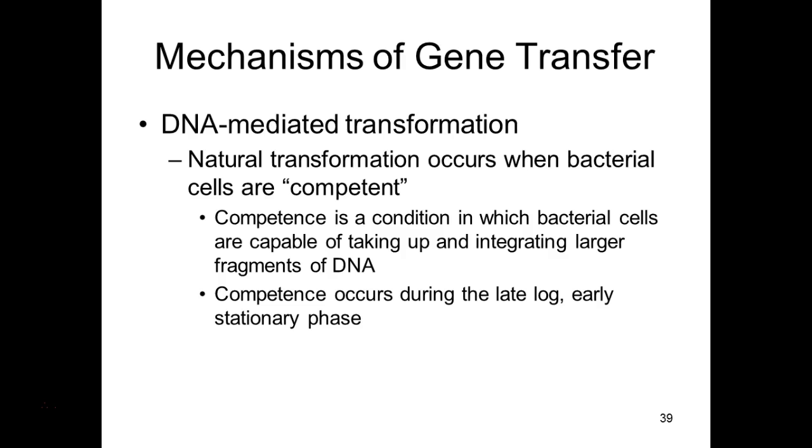They even use electroporation, where they actually hit it with electricity, right, to get the cells to take up the DNA. But in nature, it's when they're naturally stressed, right? And the most stressful thing for them is lack of food. But that's what competent means, right? This state of being able to take up DNA from the environment.